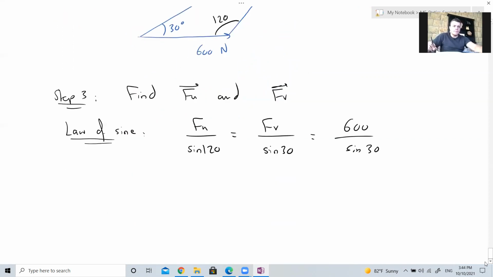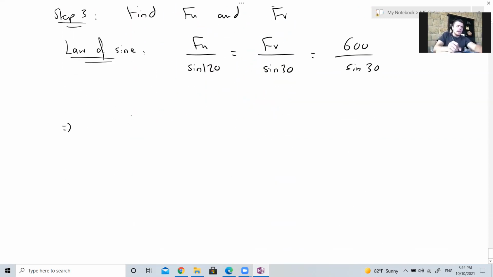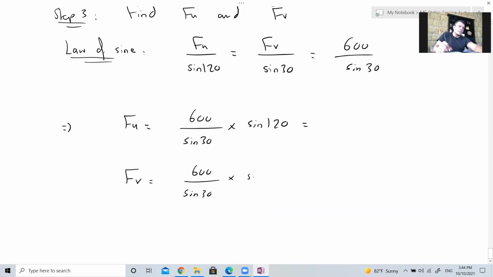So FU equals 600 over sine 30 times sine 120, and FV equals 600 over sine 30 times sine 30, which comes out to 600 newtons.